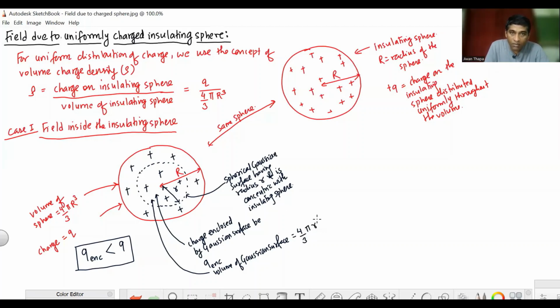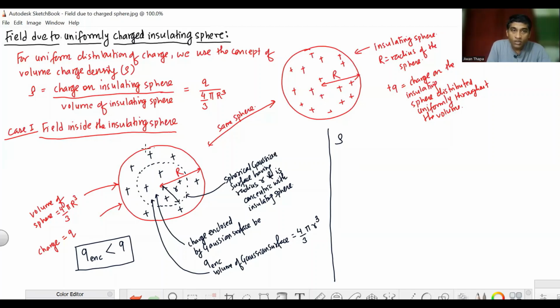So this is the volume. Now the charge density, as I said earlier, is constant throughout the volume of the sphere.